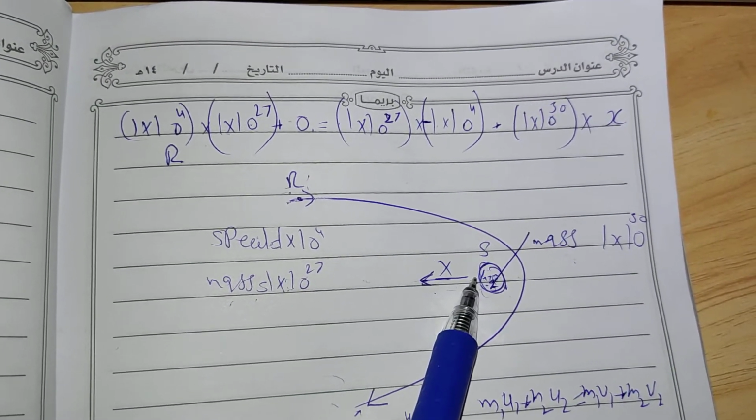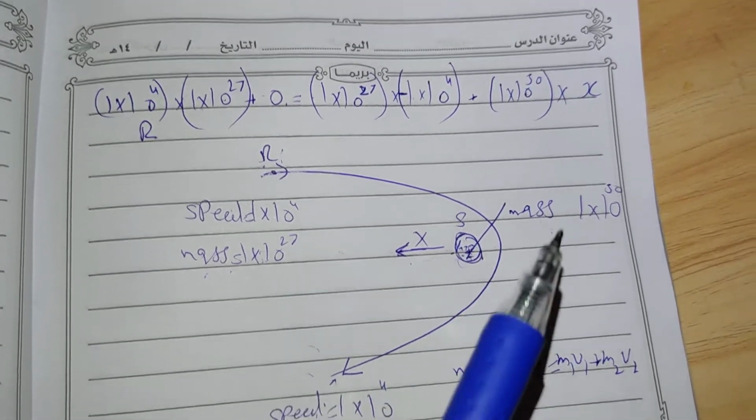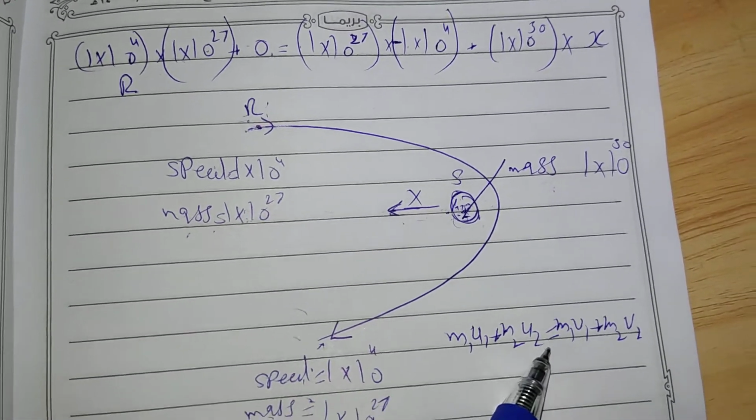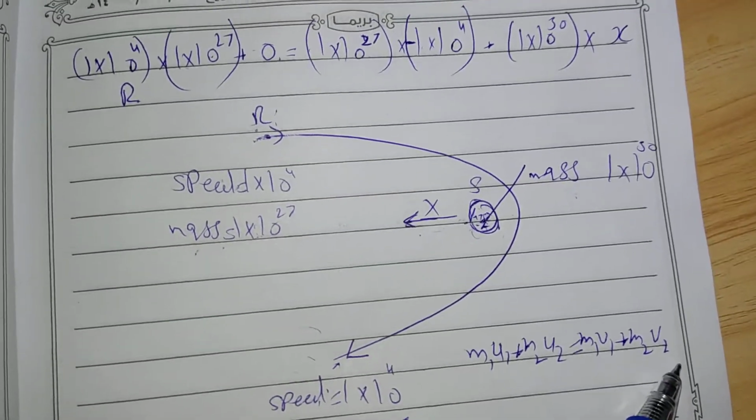I can find the final speed of s by using m1u1 plus m2u2 equals m1v1 plus m2v2.